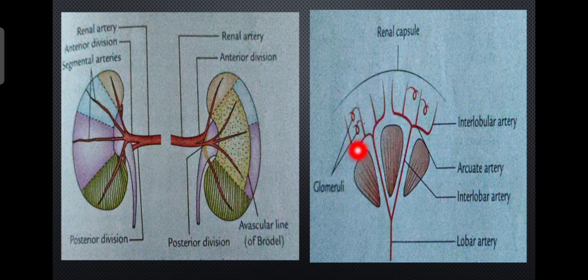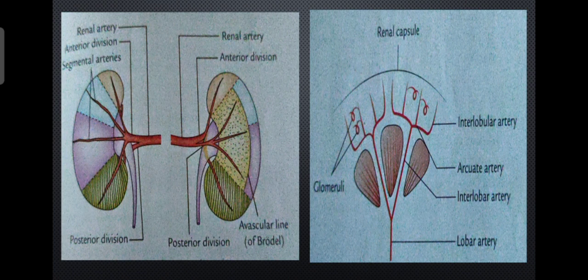See, these arteries are called arcuate arteries because they have an arch-like arrangement. From the arcuate arteries we get the interlobular artery, that passes into different lobules of the kidney, so it is called the interlobular artery.